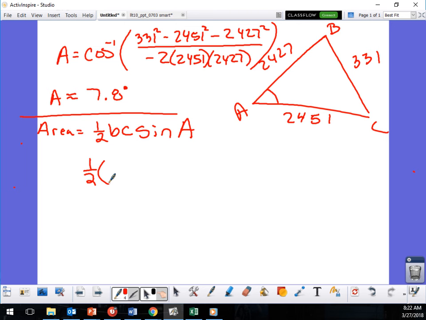Which one is little b? 2,4,5,1. Very good. Little c, 2,4,2,7. And then sine of big A, which is the 7.8 degrees. That's what we did at the very beginning.